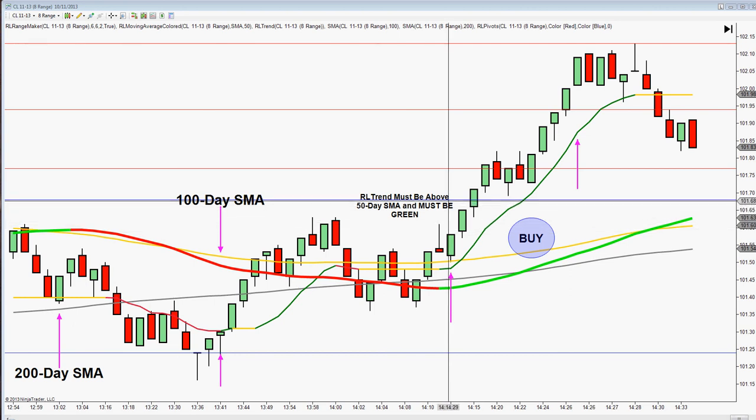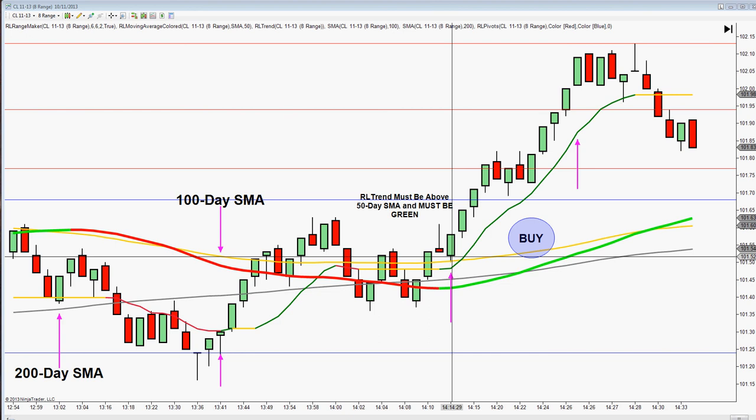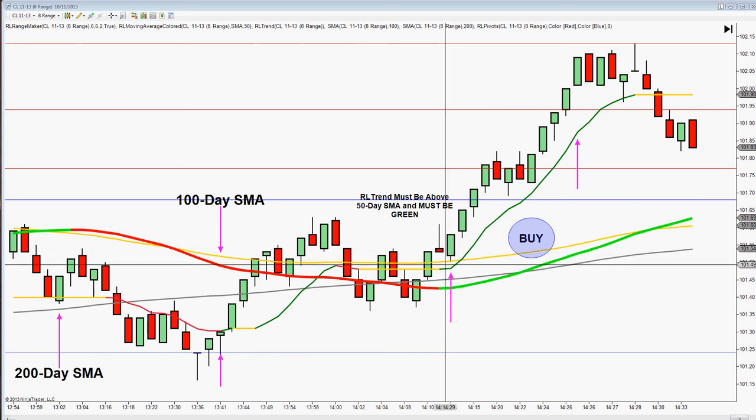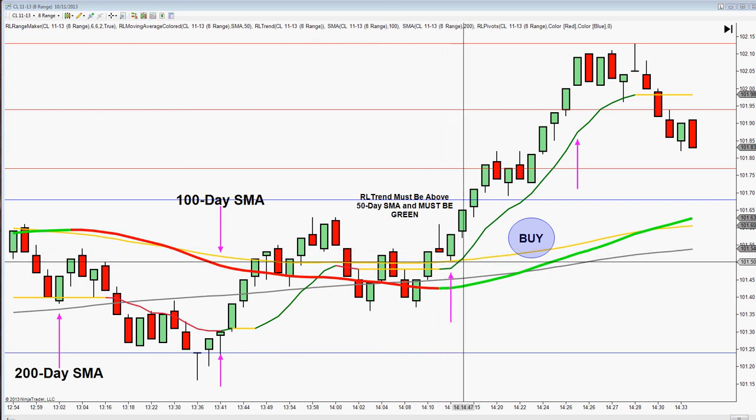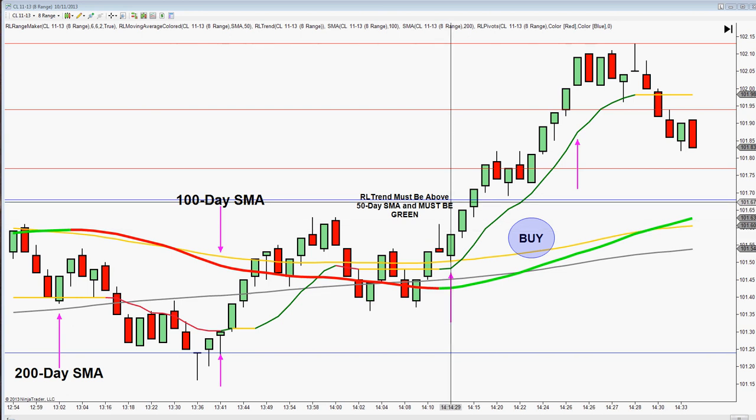So there's a huge amount of space here if we had a signal to go long. This would be a really nice place to take a long trade, because you can see our gold moving average, which is our 100-day SMA, actually acts as support for this candle. The candle is sitting on it, and hopefully it would launch to the upside.